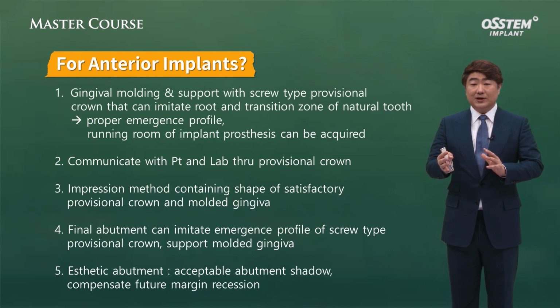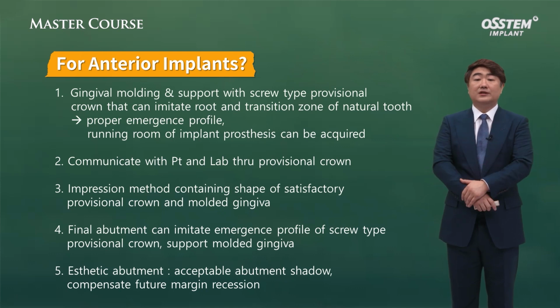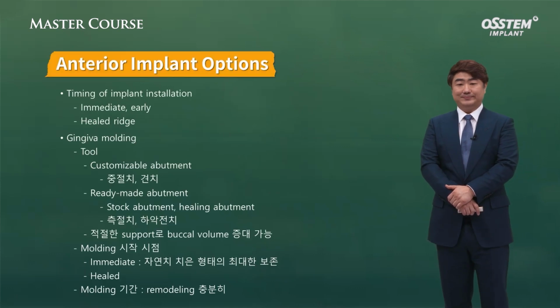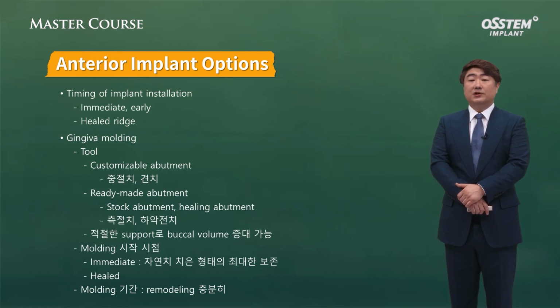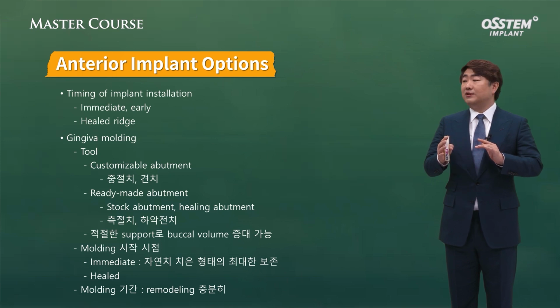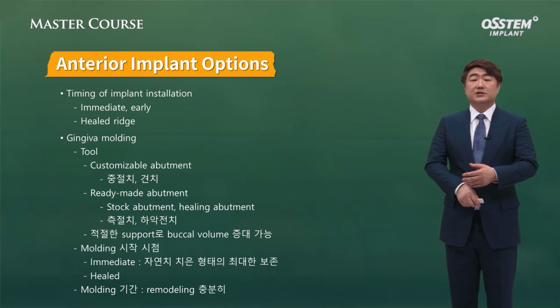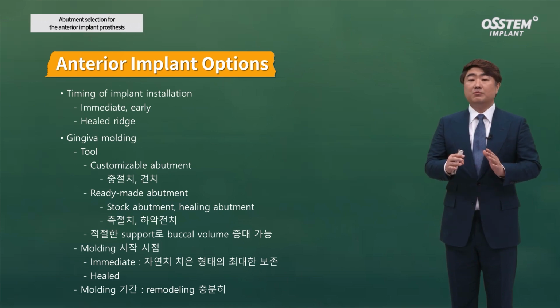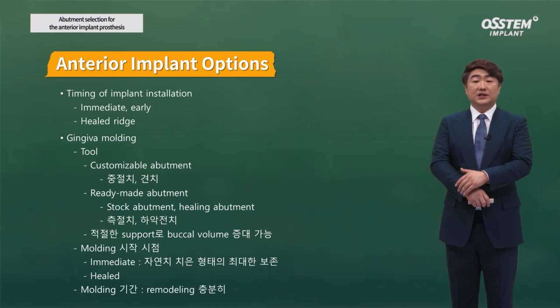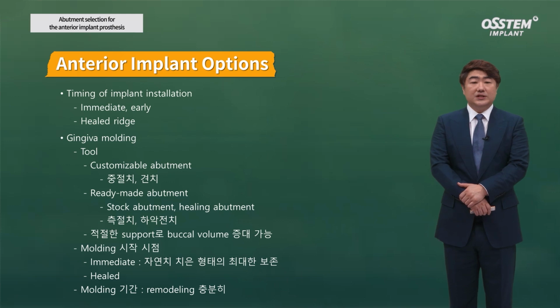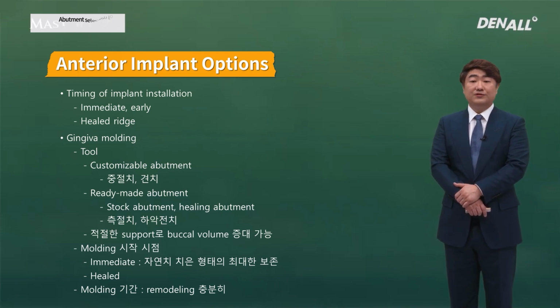So if you look at the overall process of the anterior implant, I also talked about aesthetic consideration to be made. And the timing of the implant installation, I said immediate or early is more favorable. And gingiva molding, using a customizable abutment would be more favorable. For wider teeth, the central incisor and canine, a customized abutment or these tools should be used.